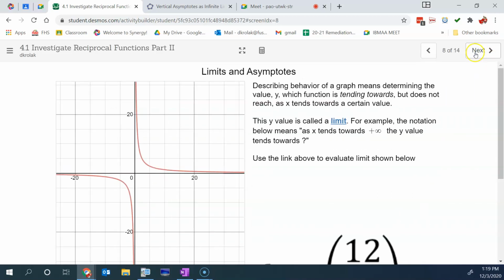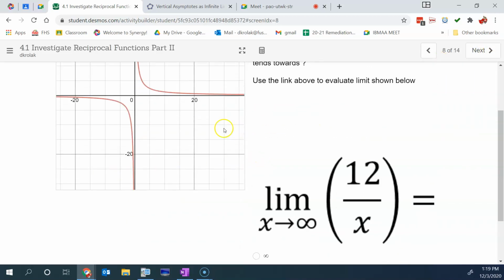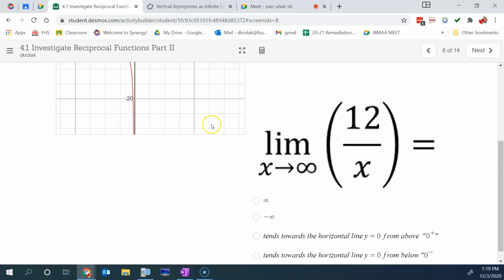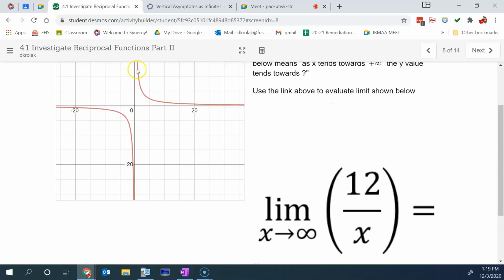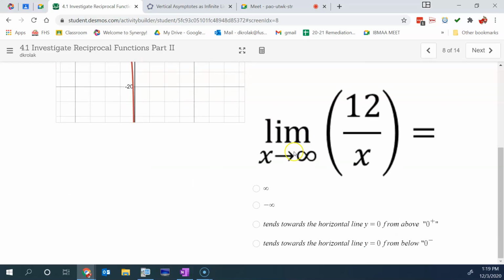All right, now, how about this limit? So now, as x goes to infinity, so right now, I'm on my way to infinity. What's the y value on its way to? Okay, now look at this. There's a 0 with a plus and a 0 with a minus.